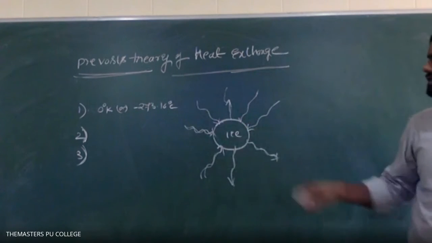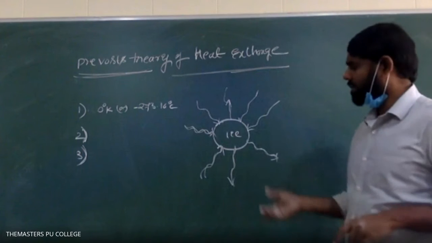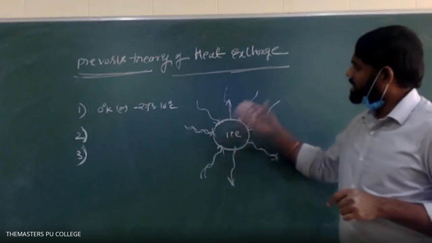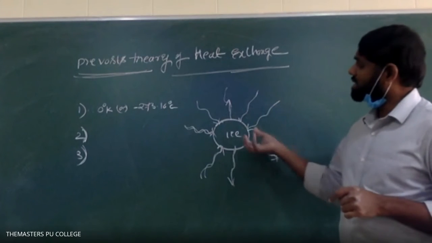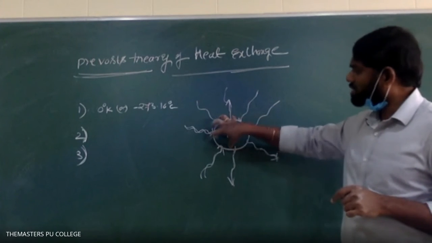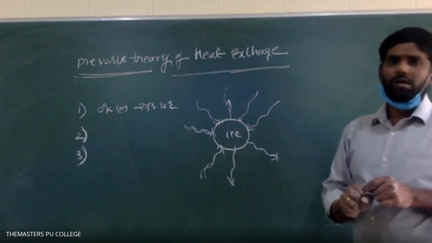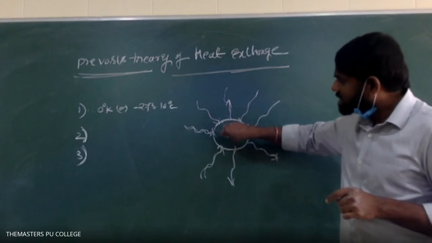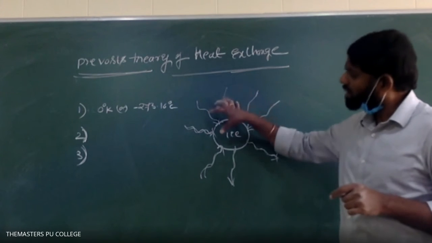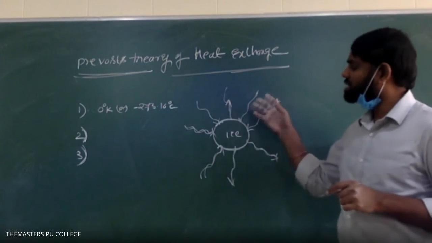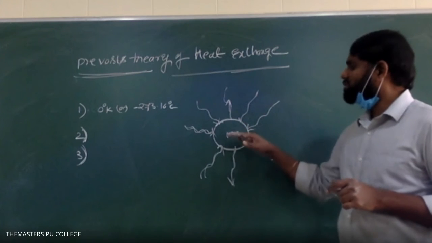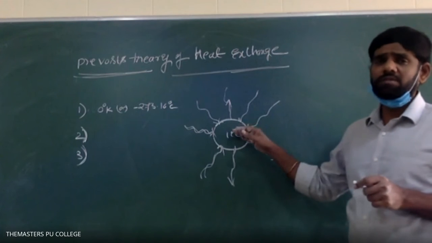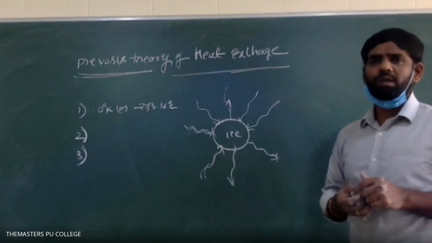So why will the ice melt? Look here. The amount of radiation emitted by the ice is less than the amount of radiation absorbed by the ice. Because of that, the ice temperature increases and the ice starts melting.